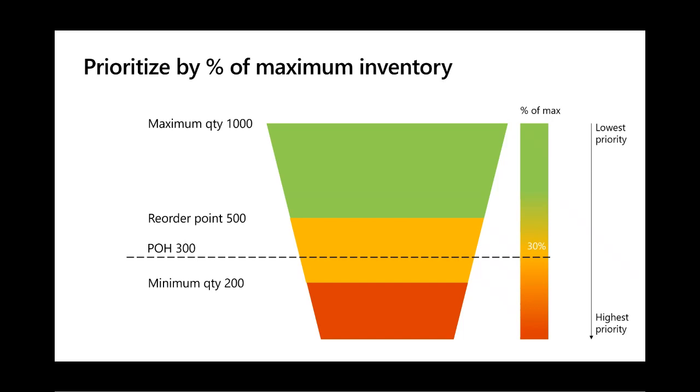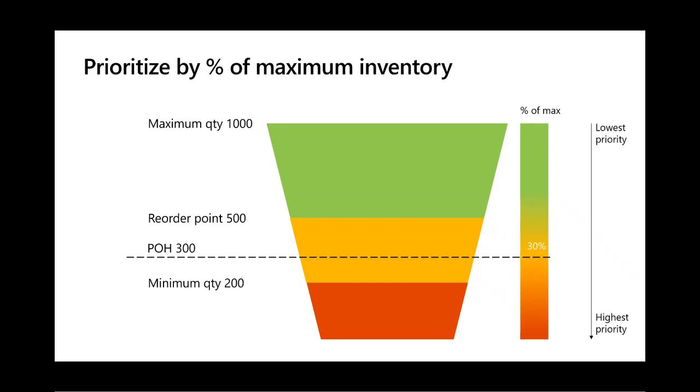So taking this example that we covered at the beginning, where my warehouses have a minimum of 200, a reorder point of 500, and a maximum of 1000, prioritization by percent of maximum inventory will take the projected on-hand inventory value, which for example in this case is 300 units, and assign a priority as that value as a percent of the maximum. So 300 units is 30% of 1,000. So the assigned priority value, if we're using this method, is going to be 30.